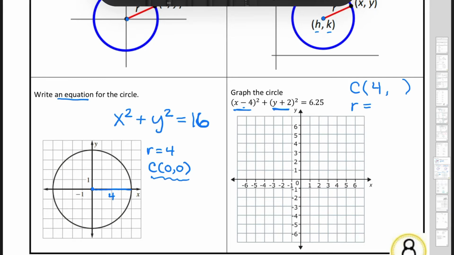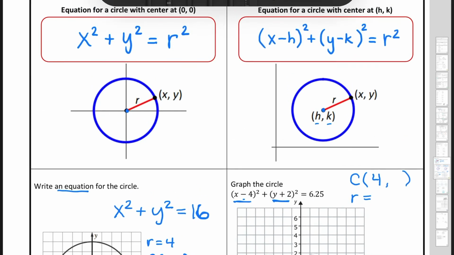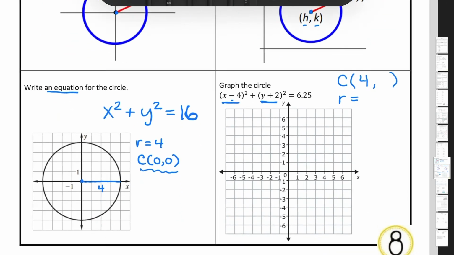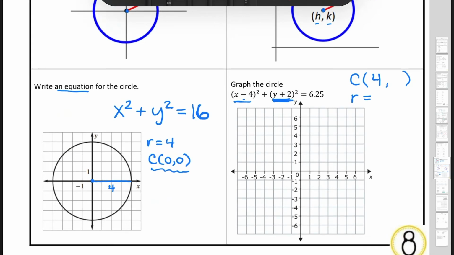So the x value of the center is 4. I know it says minus 4, but remember the minus is built into that formula. And what is subtracted from y right here? That's y minus negative 2. Most people just look at that as we take the opposite of what's in the parentheses. X minus 4 gives us a 4. Y plus 2 gives us a negative 2.